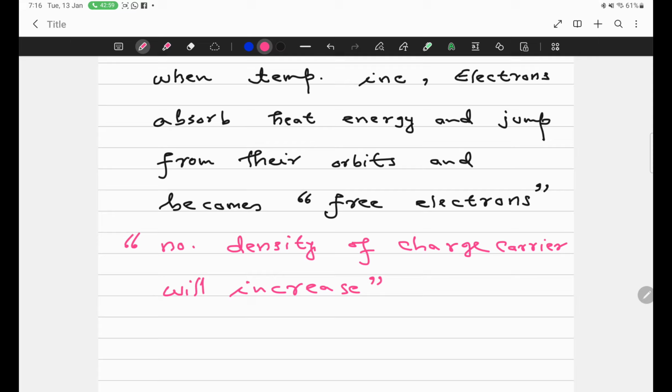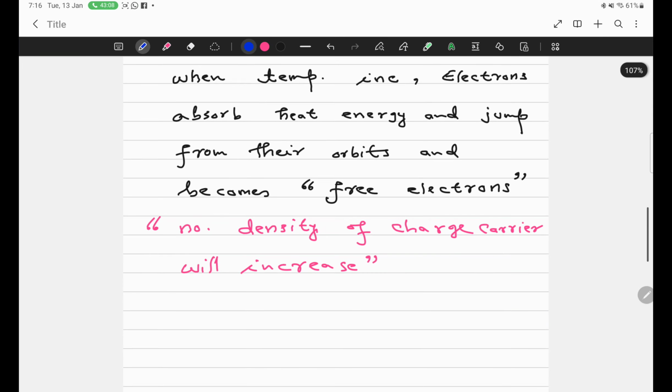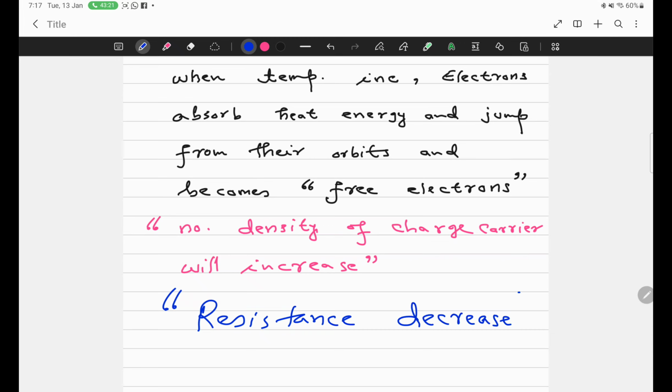Now the availability of free electrons increases, and when the availability of free electrons increases, it increases current. And when current increases, it shows the resistance decreases.